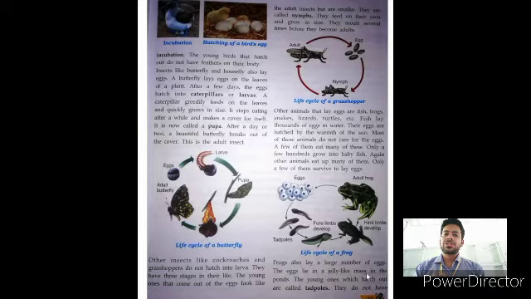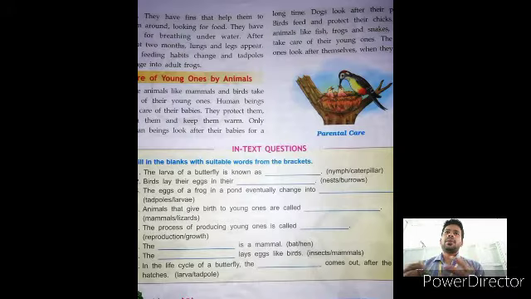So here we have another question: what is incubation? The time taken by the parent birds to hatch their eggs is called incubation. The young birds that hatch out do not have feathers on their body.